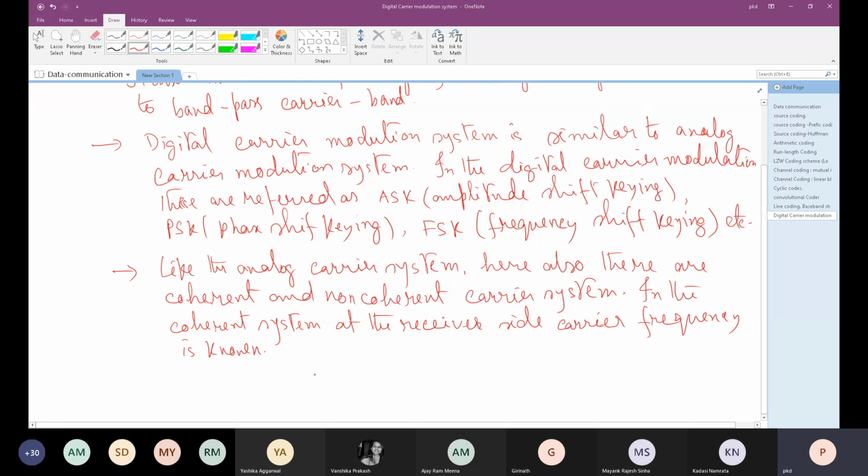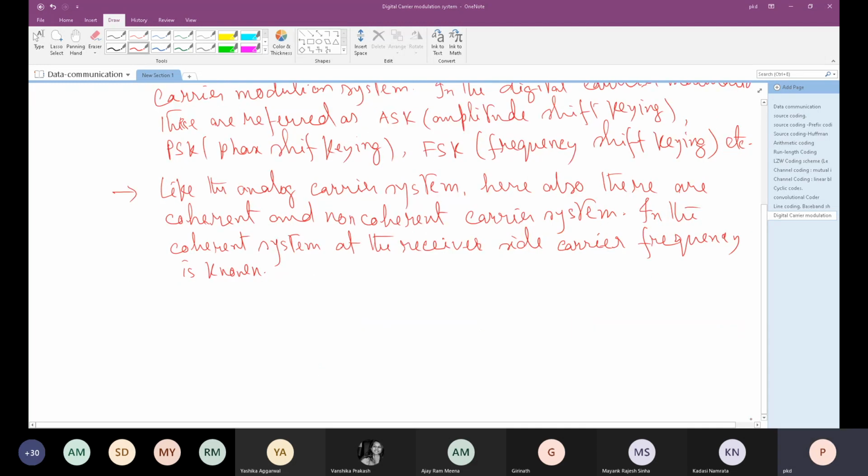Then we can do our operations in a better way, like the frequency components can be realized in terms of vectors by taking the dot product of the output signal with the basic carrier frequency. And from that, of course, we can estimate the phases as well. So that is possible. In case of non-coherent carrier systems, the frequency is not known.